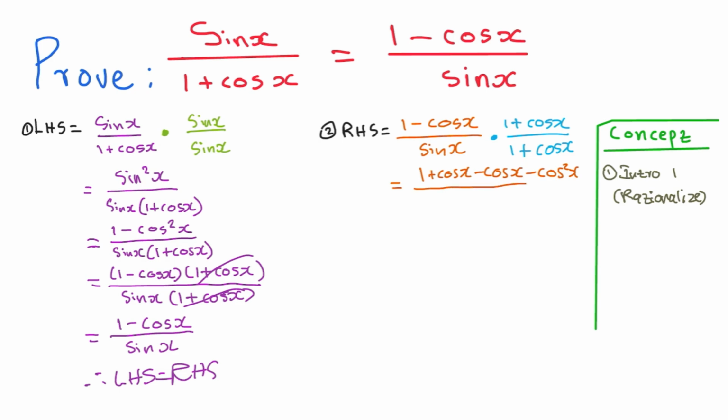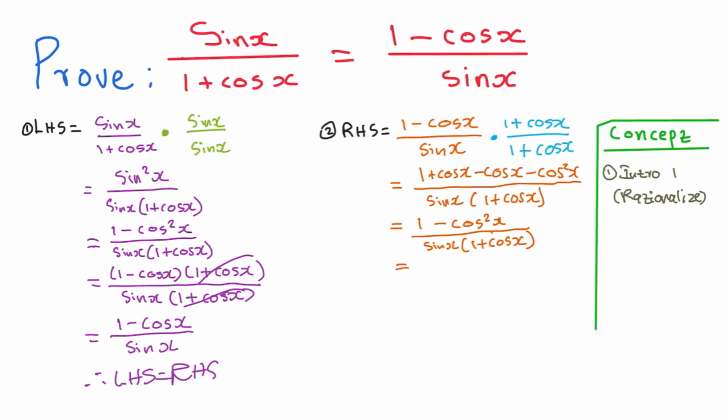Then in your denominator, you keep it the way it is. You're going to say sine x into 1 plus cos x. So your next step, you realize that your middle terms, the second and third term, cancel each other. We call them additive inverses, right? So you're going to be left with only 1 minus cos squared x, all over sine x into 1 plus cos x.